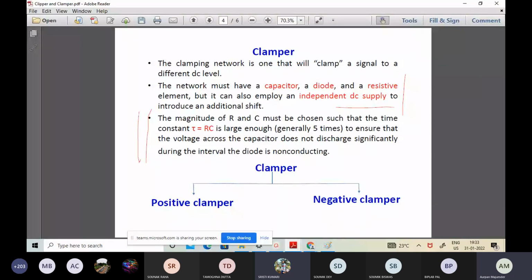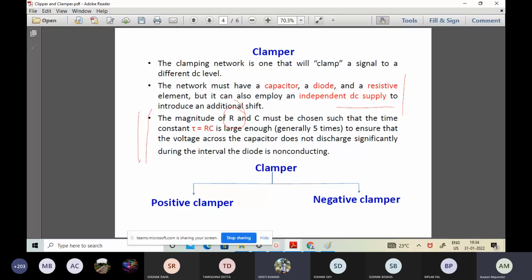When the value of R is excessively high, or in other words R is an open circuit, I'm talking about the load R, then the capacitor will not discharge at all. It remains fixed at the DC level to which it has charged up in one particular cycle of this operation.